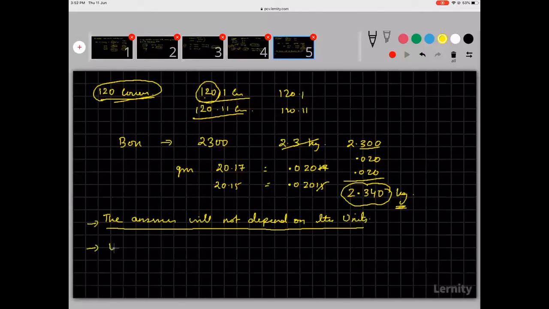Then when you convert, the preciseness of the data should not be lost. When you convert, the preciseness of the data should not be lost. So understand that.